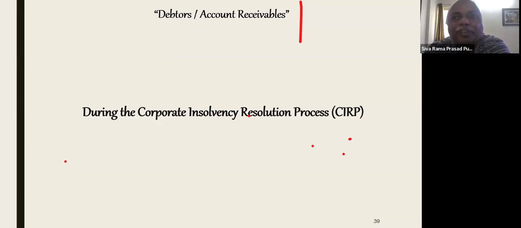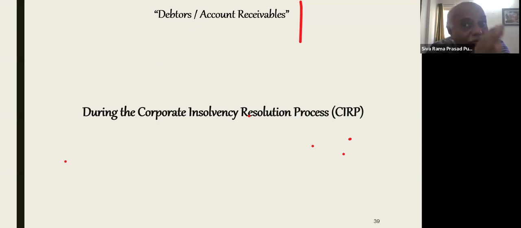Those funds are useful for CIRP cost. Those funds are useful for the going concern concept. If recovered, they are useful as interim finance to continue the company as a going concern. Earlier, whenever the board of directors or the management gave credit sales, a lot of systematic approval and credit policy were there, and continuous chasing of the debtors or receivables.